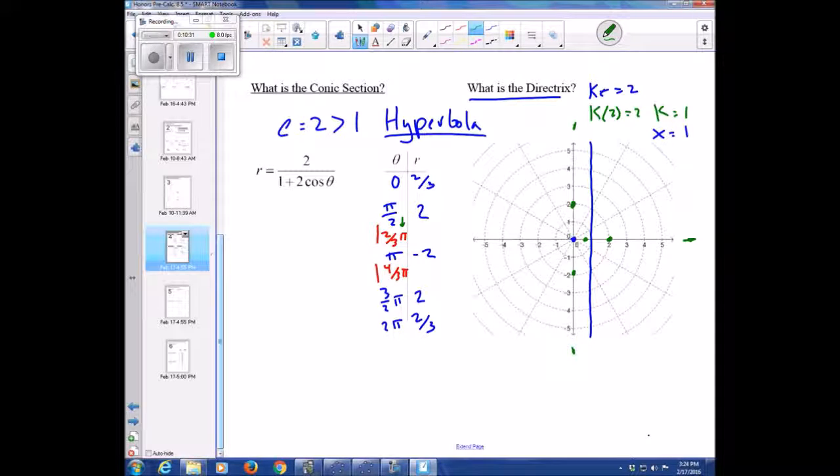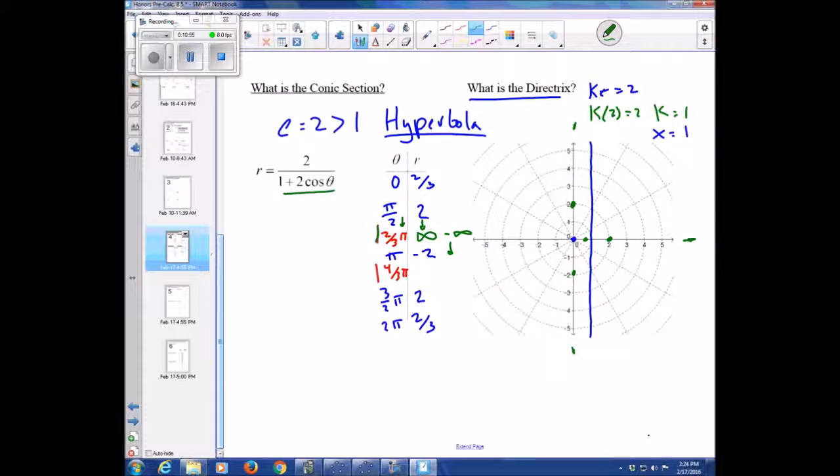As we approach the rotation of 2/3 pi, we're seeing this denominator get smaller and smaller. We're having smaller and smaller positive numbers in the denominator, so that means that we're going to be approaching positive infinity with our r values. And as we go past 2/3 pi, we're now getting really small negative values in the denominator, so we're going to be coming from negative infinity.